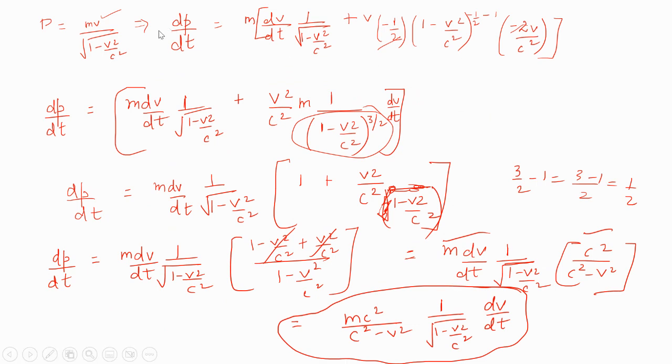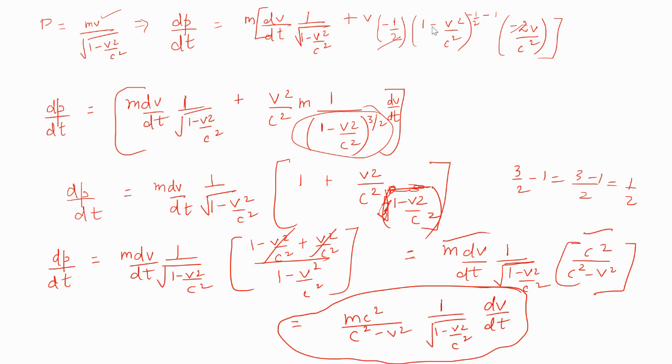So this is the first term. m v under root 1 minus v square. dp by dt is m. So first term will be dv by dt under root 1 minus v square by c square, which will remain the same. So the second term will be v. This will go above, and it will be minus 1 by 2 times minus 3 by 2.